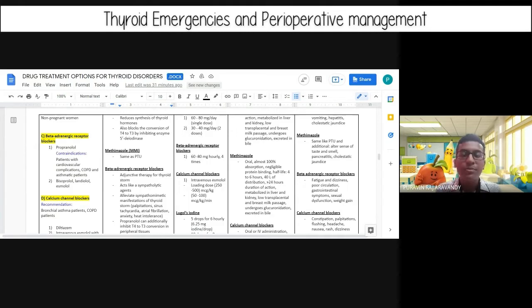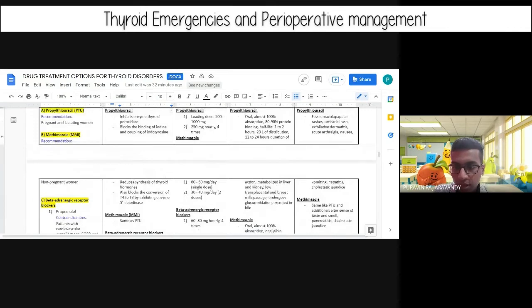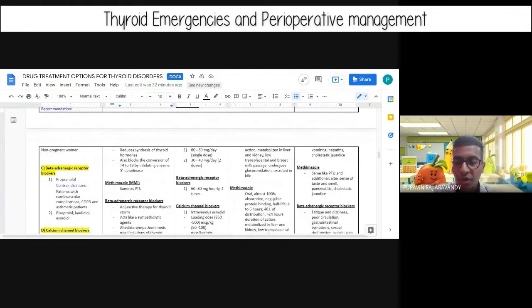And like propylthiouracil, methimazole is also metabolized in the liver and kidney. Almost the same as propylthiouracil, methimazole also has very low transplacental and breast milk passage. It also undergoes glucuronidation and is excreted in bile. So now let's go to the adverse effects of methimazole.